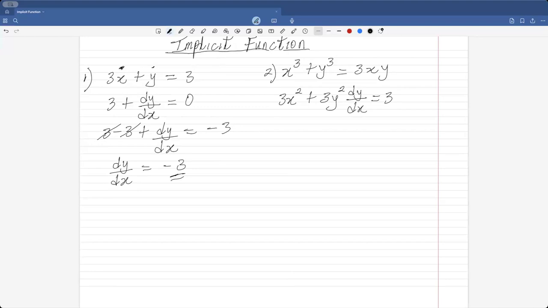Now, we have x and we have y. Keep in mind that x and y is product rule.